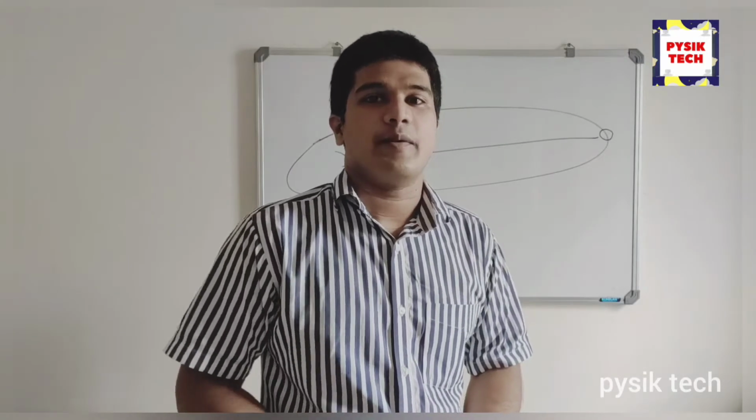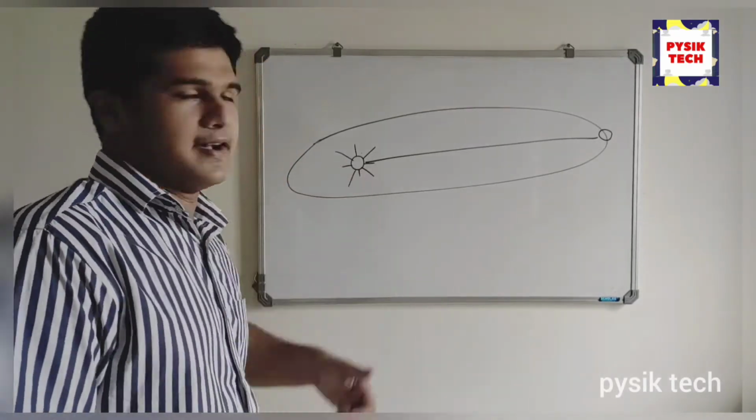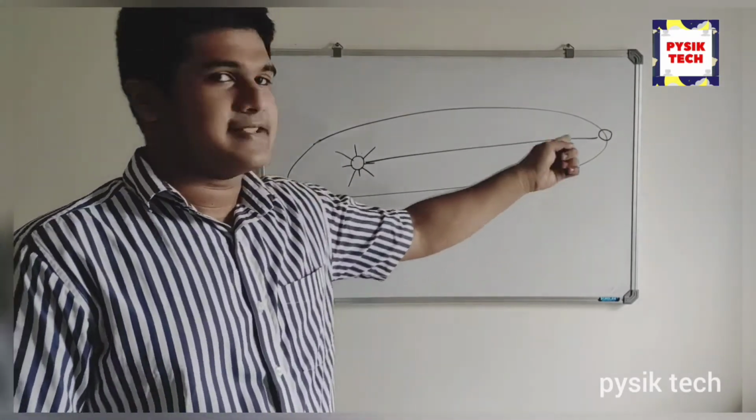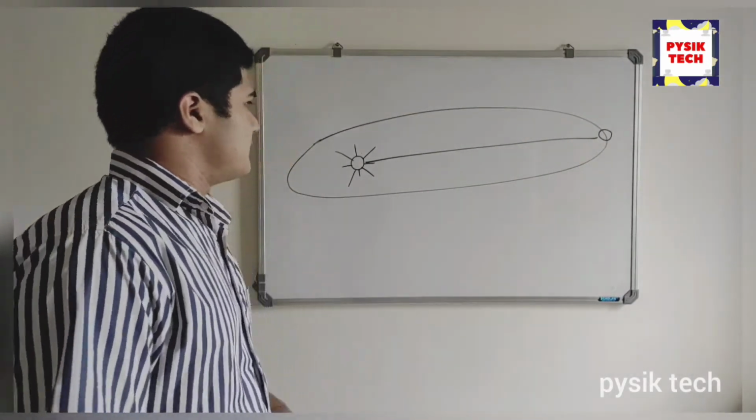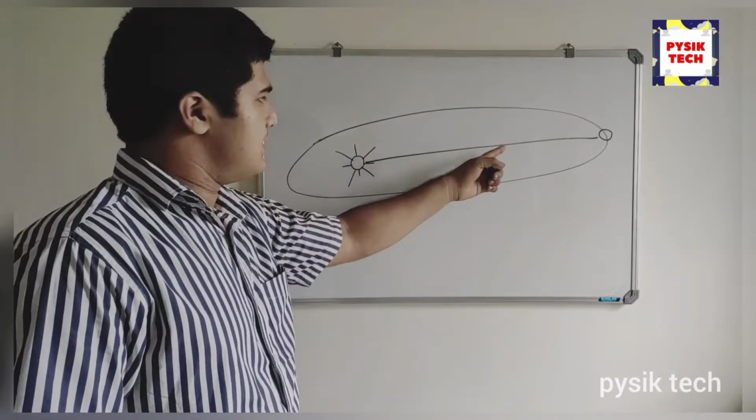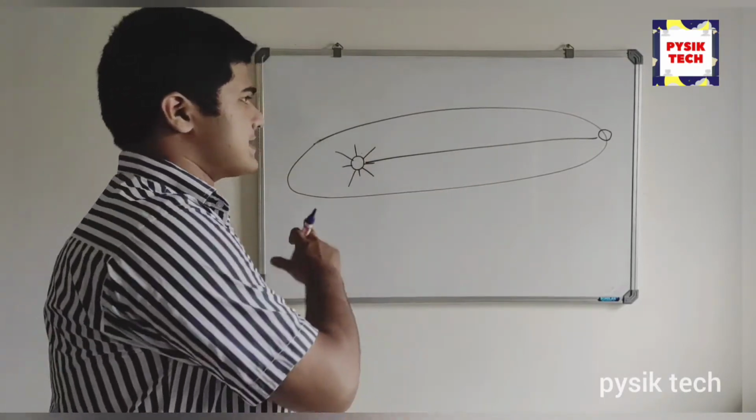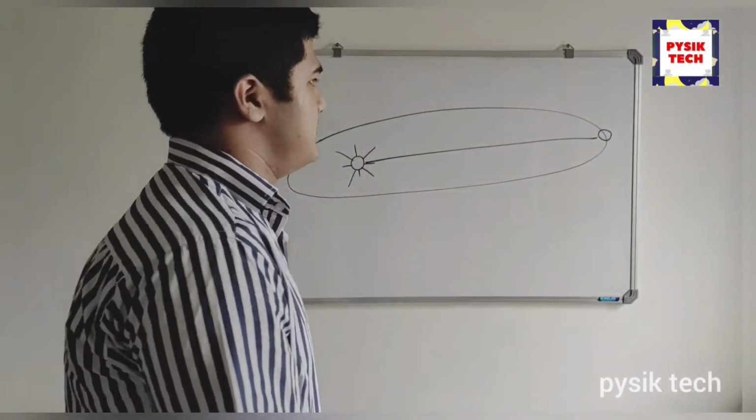Then we can discuss the second law of Kepler. It is known as the law of areas. What is the law of areas? Consider this is our Sun and this is our planet. This is the distance between the Sun and our planet.